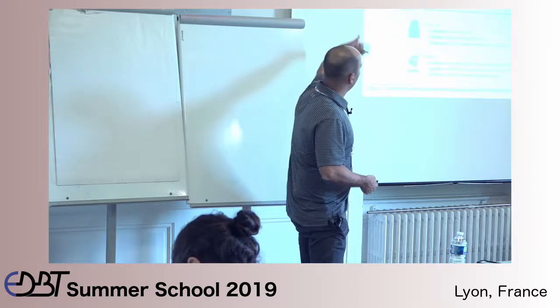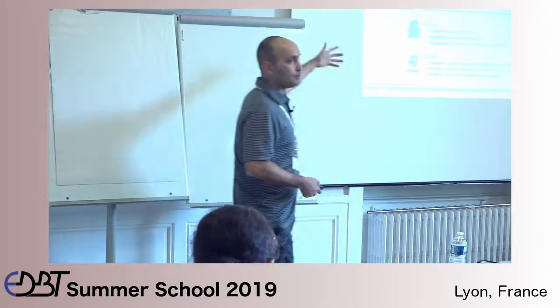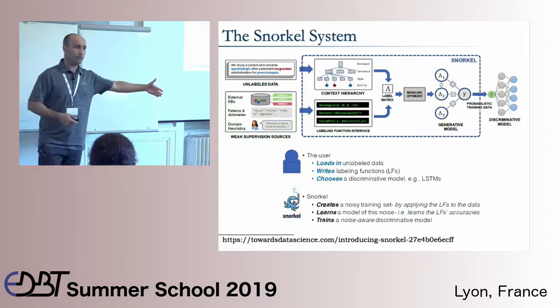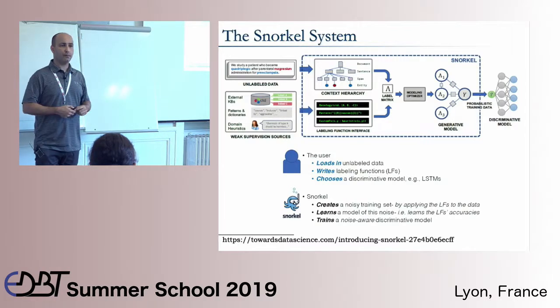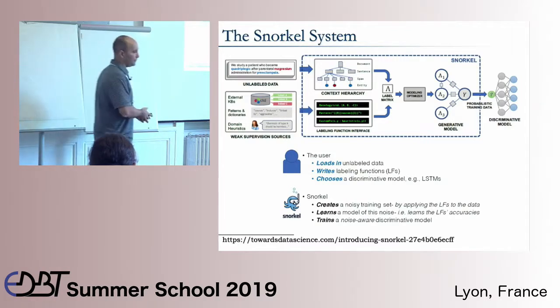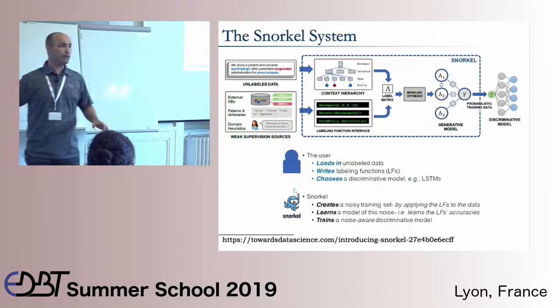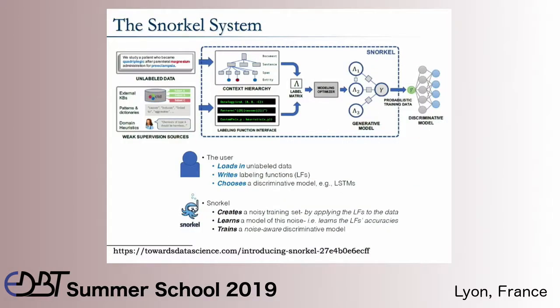And in this next system, the Snorkel system, this has been taken several steps forward. In this system, basically the idea is forget about the features, forget about feature engineering. We're not doing that. We're just programming labeling functions, distance supervision.